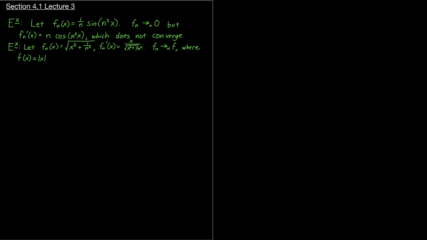This 1 over n squared smooths things out at the origin a little bit. f_n prime is converging, in fact pointwise, to a function g, where g of x is the following piecewise defined thing.